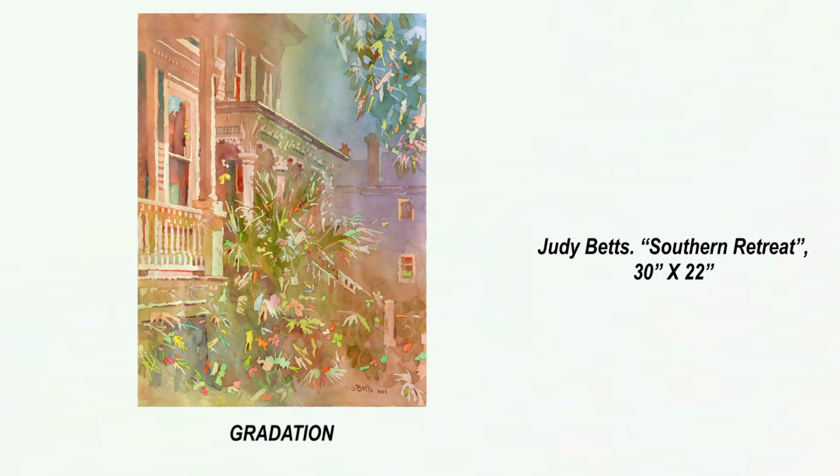She's run a wash across the whole surface that her white and light shapes are protected from, and it grades from the blue to the pink to the greenish color. And then she's gone back after that wash has dried, and she's put in some high key light shapes and colors into the painting, as well as painting in the building and so forth. This gradation is very typical of Judy Betts' work.